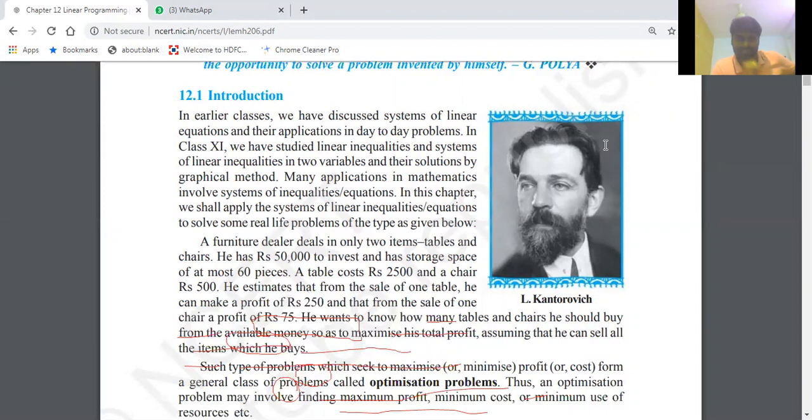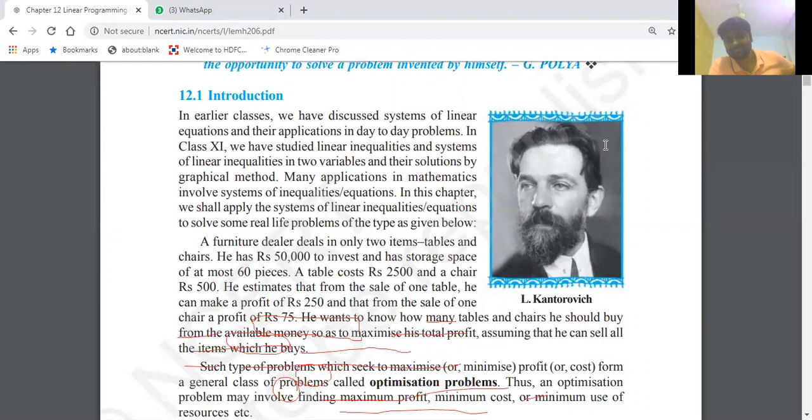Okay, let us go for an estimate, a rough look. For every table, how much are you going to earn? 250 rupees. Can I go for purchasing all 60 tables only? What happens?